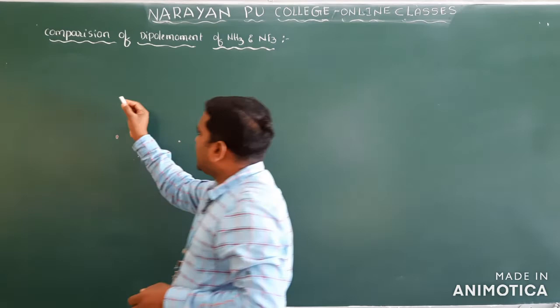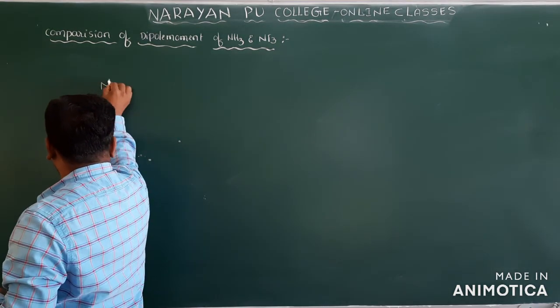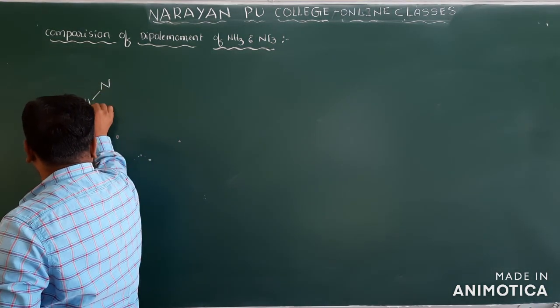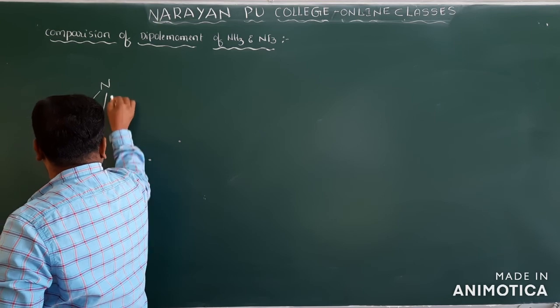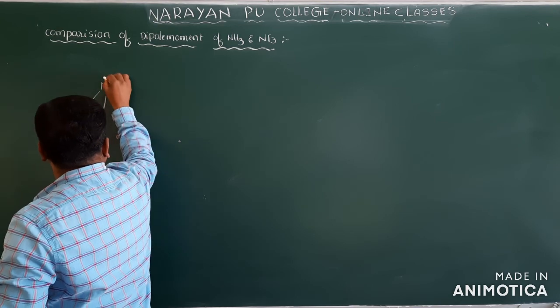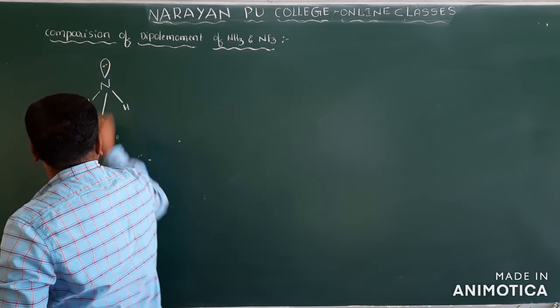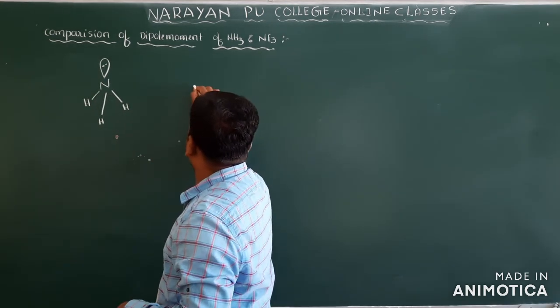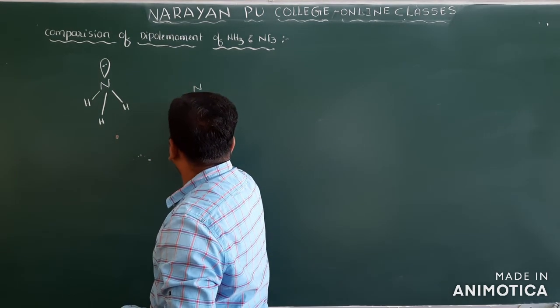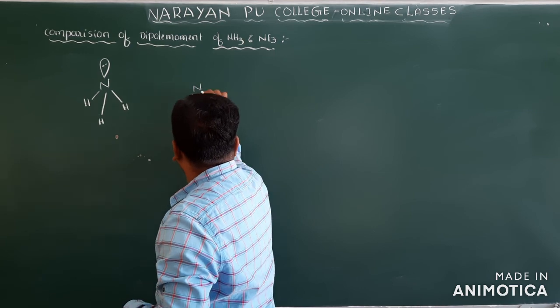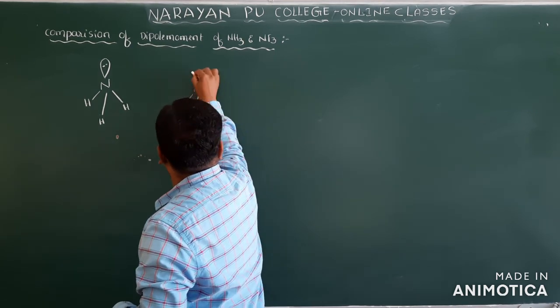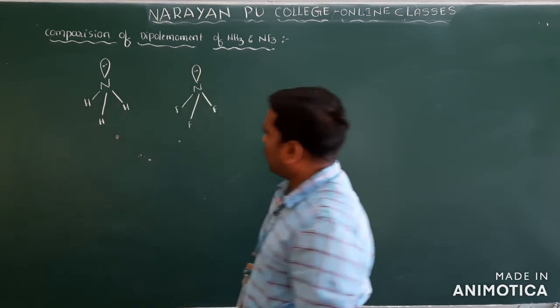So NH3 has a pyramidal structure with a lone pair, and NF3 also has a pyramidal structure with a lone pair.